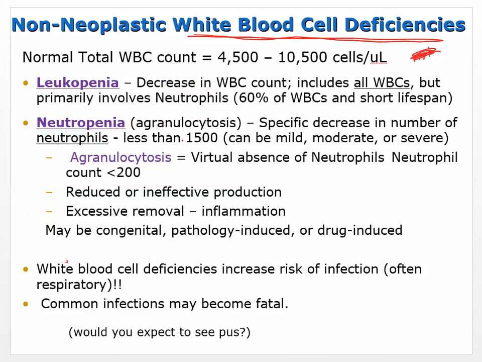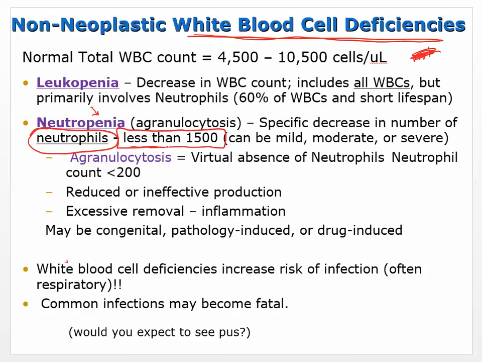Neutropenia is specific to neutrophils. The suffix penia is the thing to remember here, because that's what it's indicating. So neutropenia is a specific decrease in the number of neutrophils to less than 1,500, and then we can go even further.